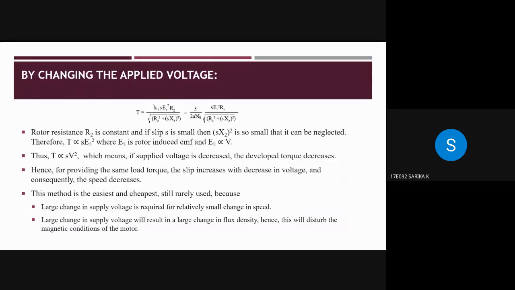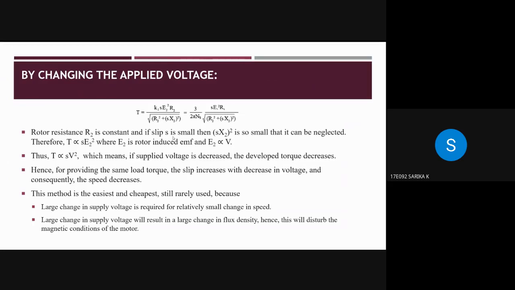Now let us see the speed control methods in induction motor from the stator side. By changing the applied voltage, the rotor resistance R2 is constant, and if slip S is small, then (S X2) square is so small that it can be neglected.